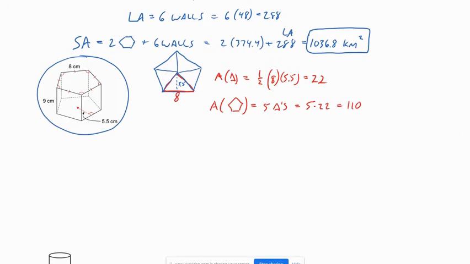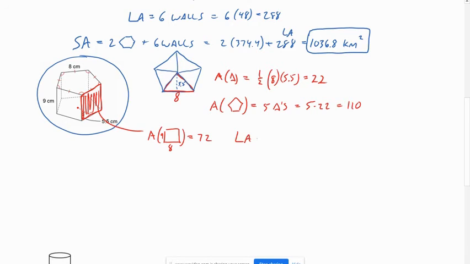Now we just need to find the lateral area, and the lateral area is 5 rectangles. So if we take one of these rectangles like this one, the area of that rectangle is, let's see, base 8 and height 9, and so that is 72.